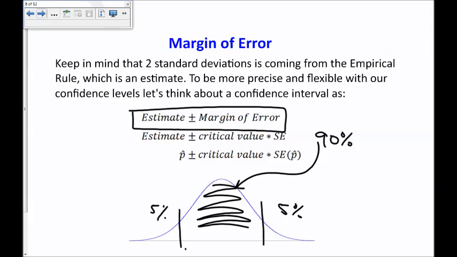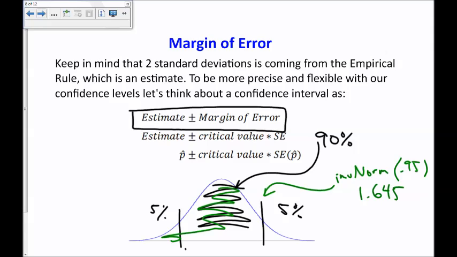This value right here will come from inv-norm of the middle 90 plus 1 tail, which would be 0.95. So the critical value that we use will be inv-norm of 0.95, which gives us 1.645 as the critical value we'd use. This will help you find larger and smaller intervals depending upon how confident you want to be with your interval.